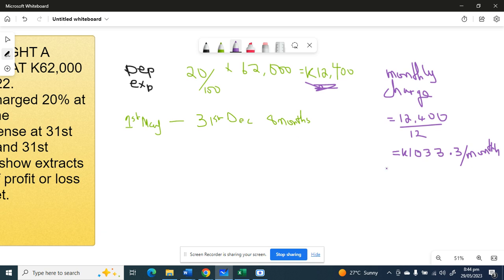So 8 times 1,033 gets 8,266.7 actually. 8,266.7 kwacha. So this is our depreciation expense.